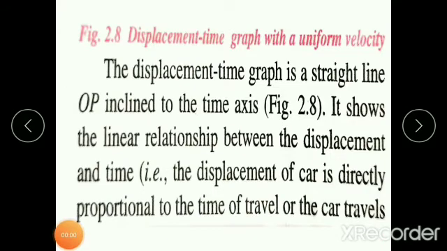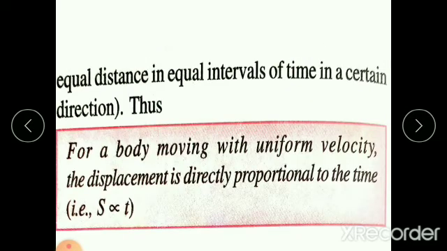Okay, and it shows the linear relationship between the displacement and time. That is, the displacement of the car is directly proportional to the time of travel, or the car travels equal distances in equal intervals of time in a certain direction. Thus, for a body moving with uniform velocity, the displacement is directly proportional to the time.